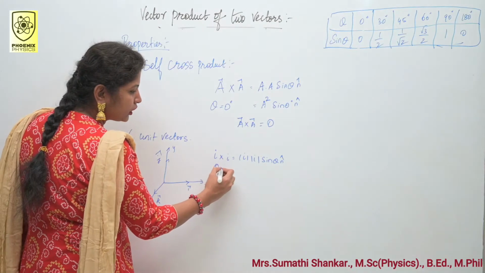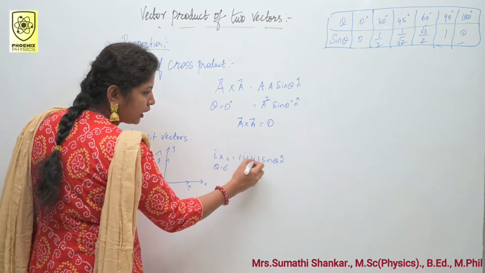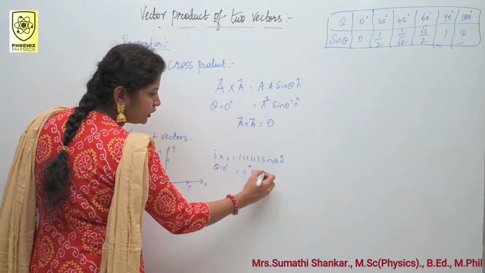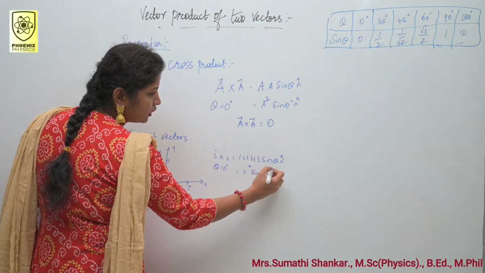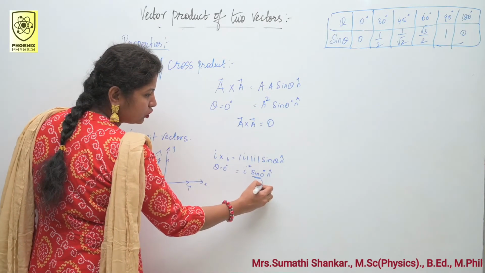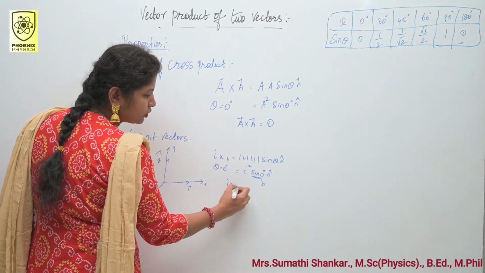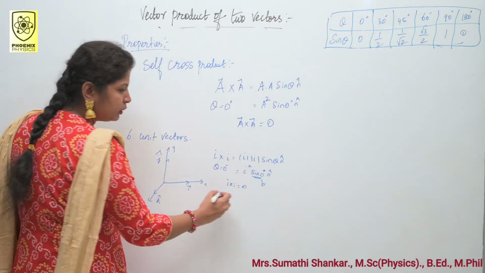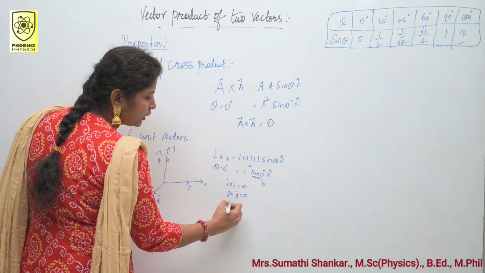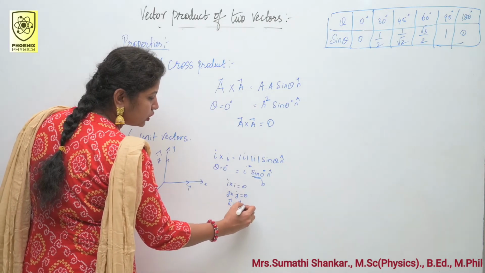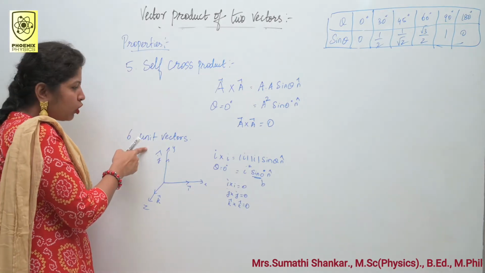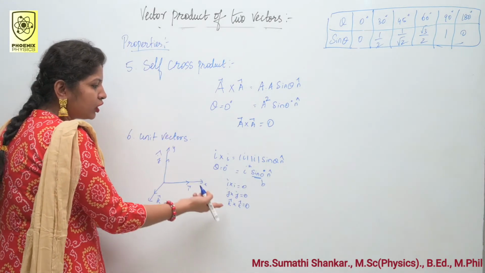So theta is equal to 0 degree. I into I square sine 0 degree then n cap. What is sine 0 degree? 0. So I cross I is equal to 0. Similarly, j cross j is equal to 0. K cross k is equal to 0. So self cross product of unit vectors are 0.